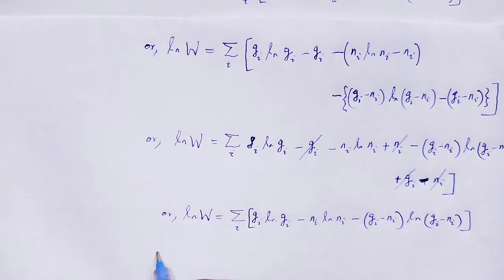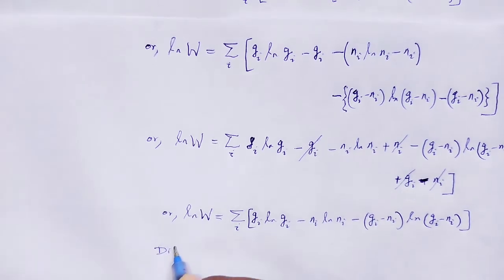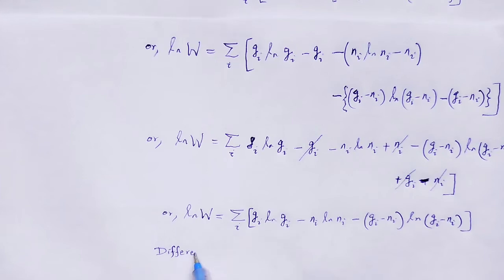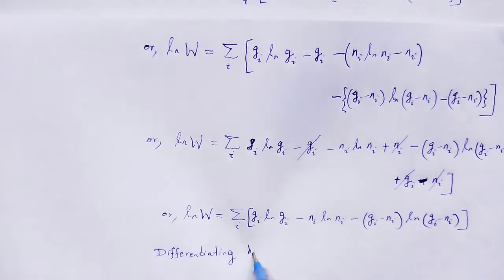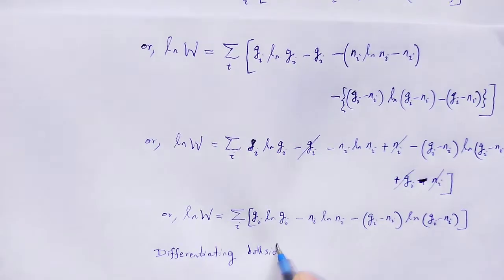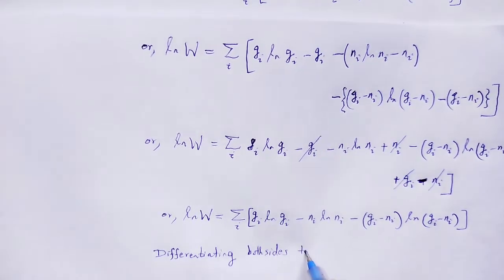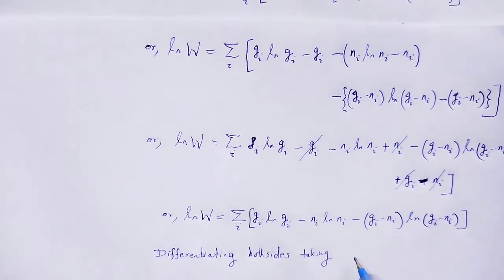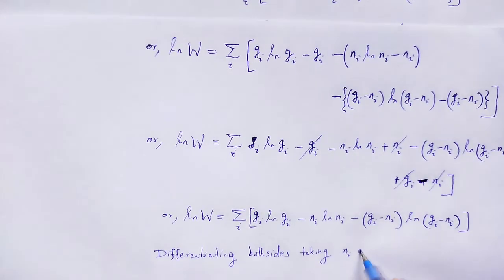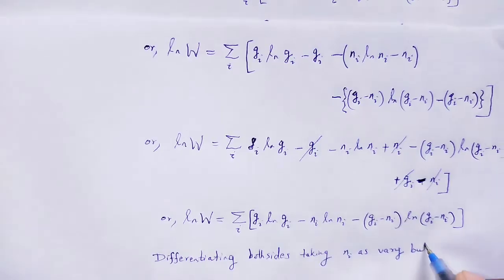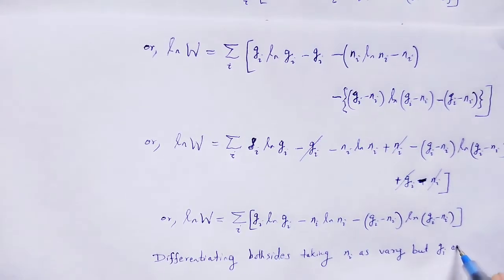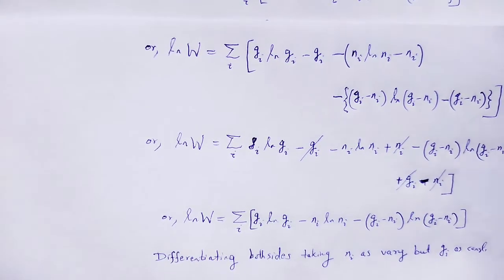Differentiating both sides, taking Ni as varying but Gi as constant.